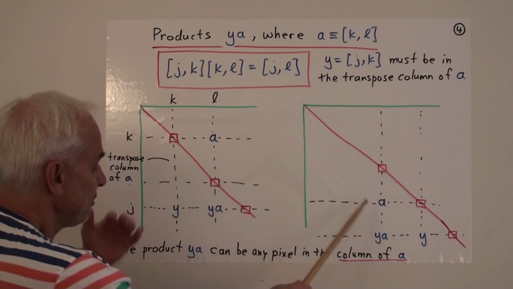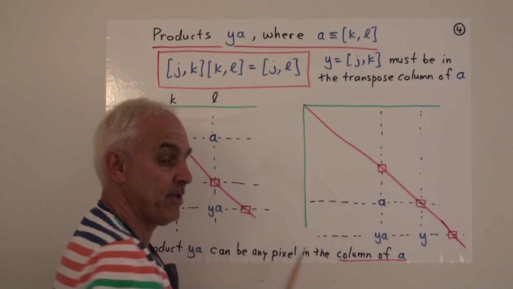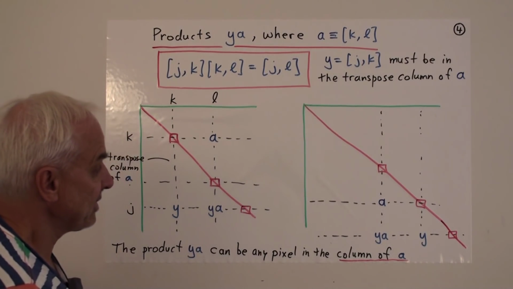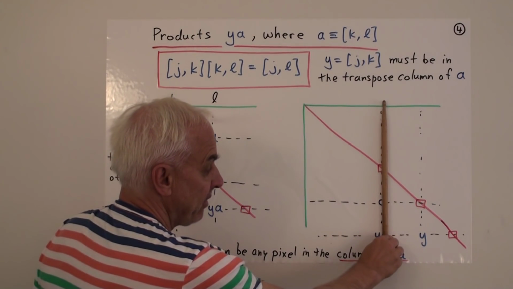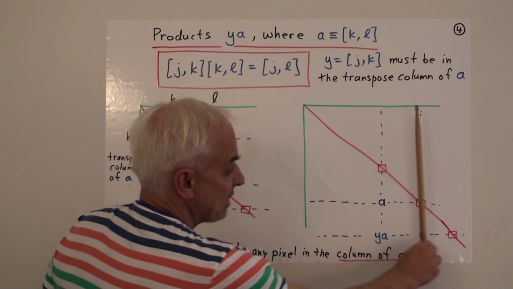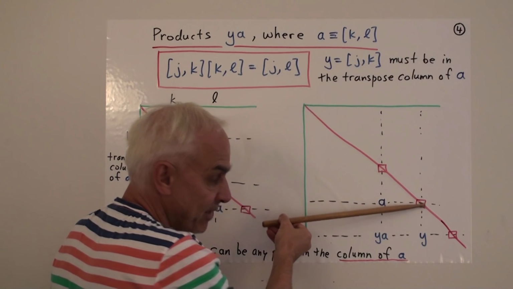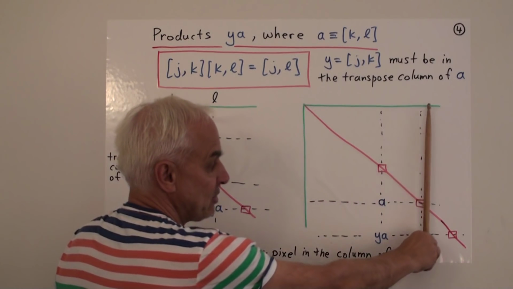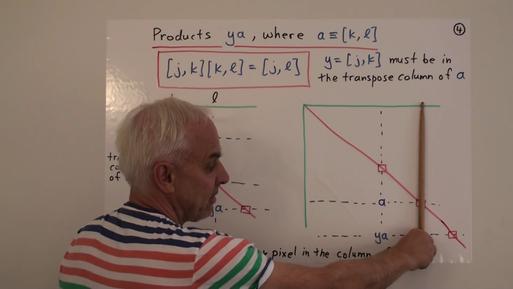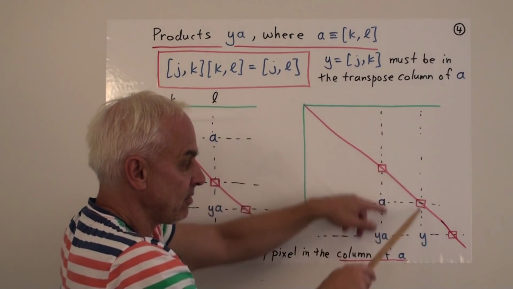The other sort of picture that you might have is an A below the diagonal. The story is the same there. Here's the column of A. That's where YA is going to end up. And here's the transpose column of A, obtained by going along the row of A until you get to the diagonal and then choosing the column there. So Y is allowed to be any place on this transpose column.